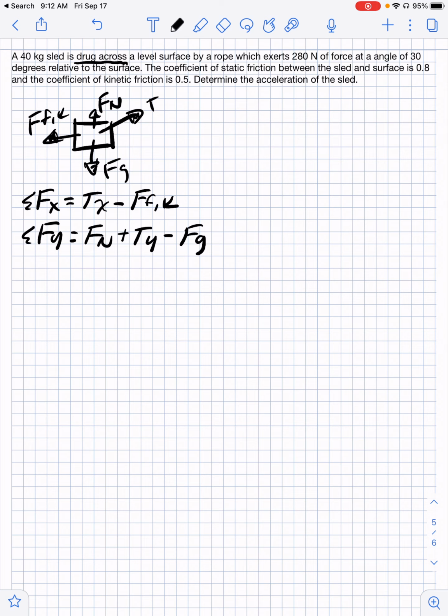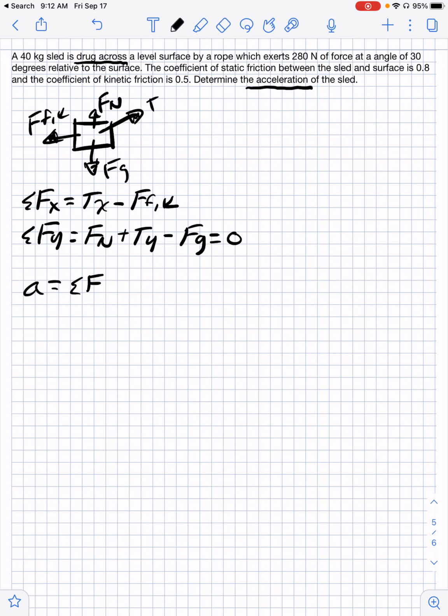Now, vertically speaking, I'm balanced, because I'm on a level surface, so I'm not accelerating up and down. So I can set that equal to 0. Now, we also know that the acceleration of the object, because we're trying to determine the acceleration, is going to equal the net force divided by the mass.